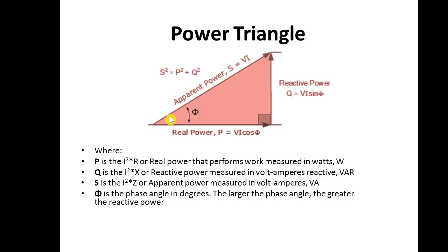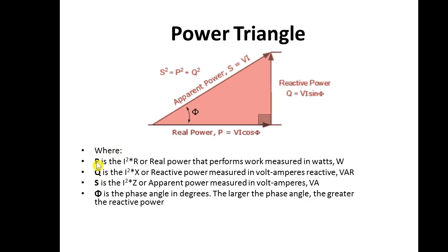If we go in this direction and take it as 90 degree, then this real power becomes 0. In that condition this real power becomes 0. Okay, this is the power triangle. It is the relation between real power, reactive power and apparent power.